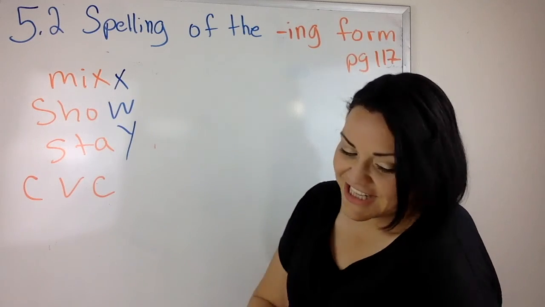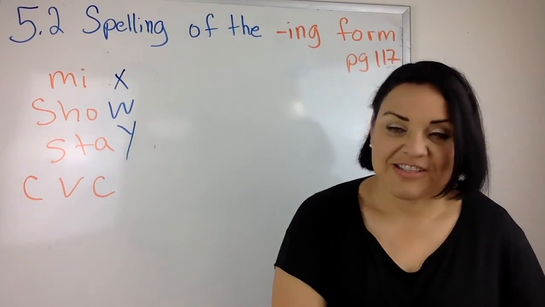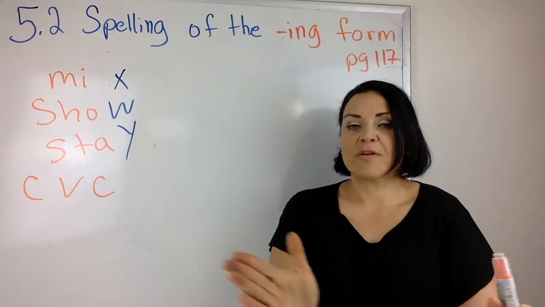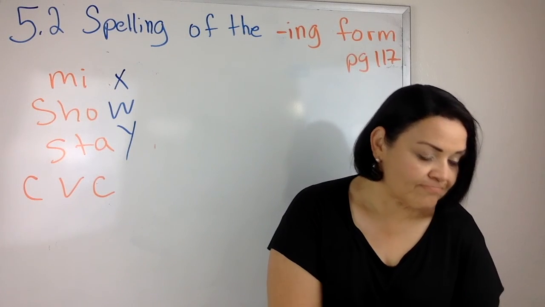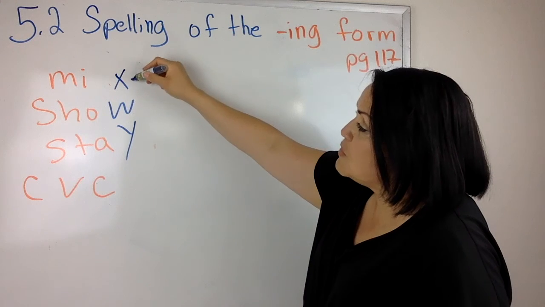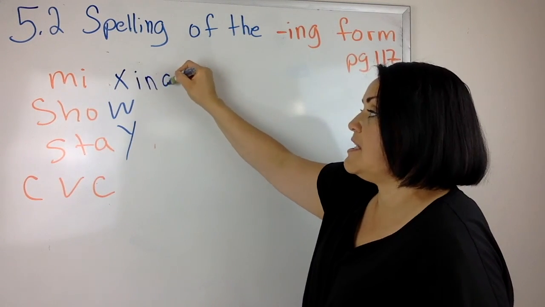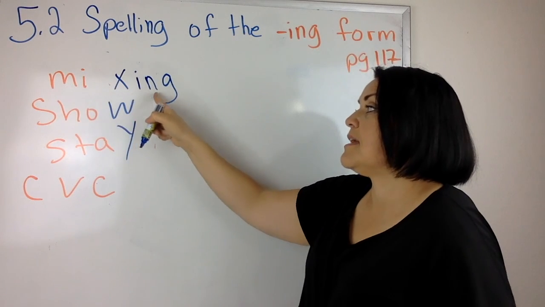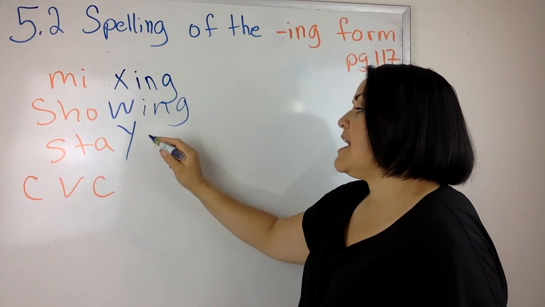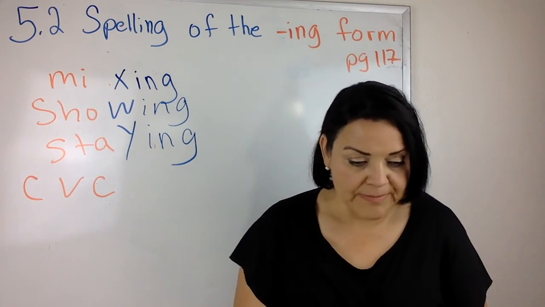Oops. See, I doubled it, and it shouldn't be doubled. So it would just be mix, show, stay. In this situation, we do not double it, even though it's a one-syllable sound, and we just add ing. Mixing, showing, staying. I am staying at my friend's house.